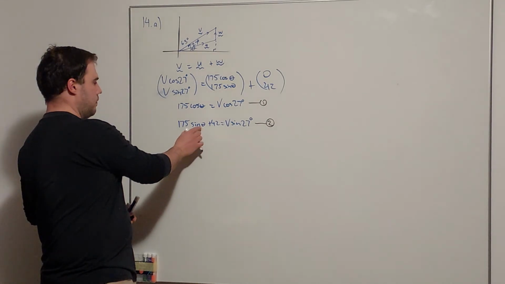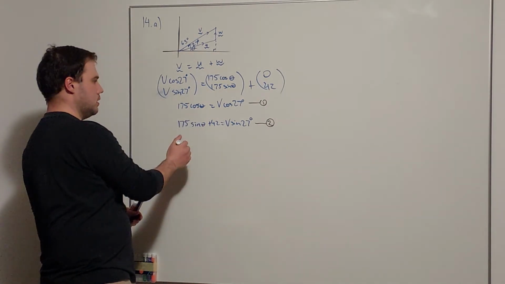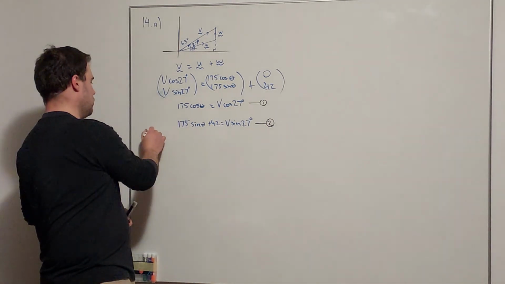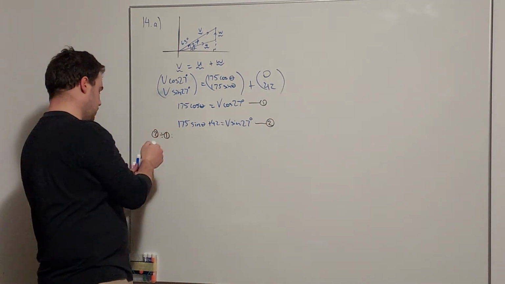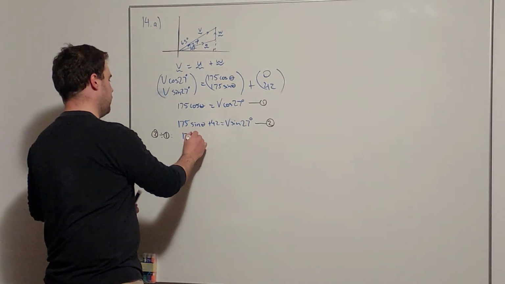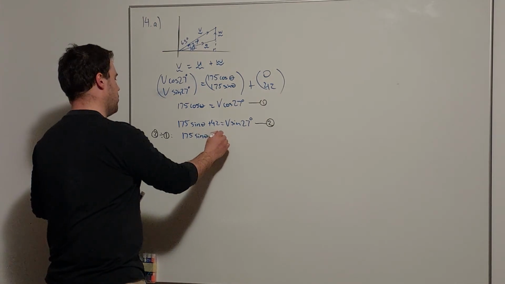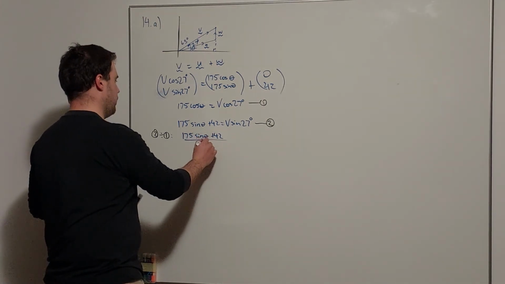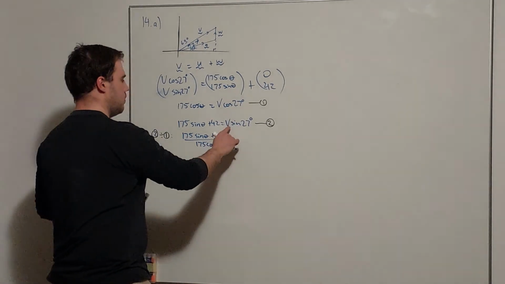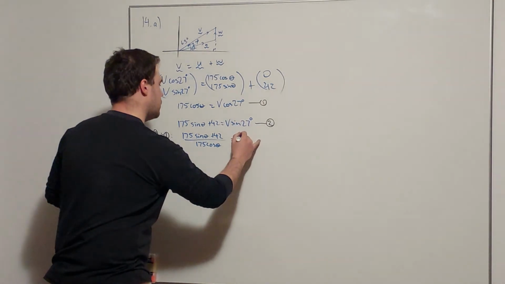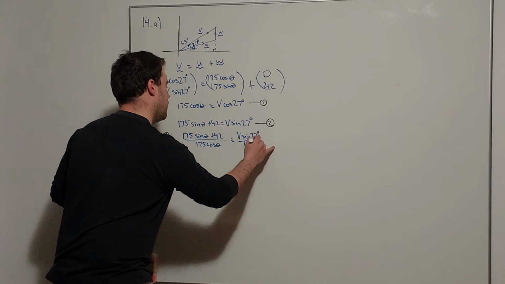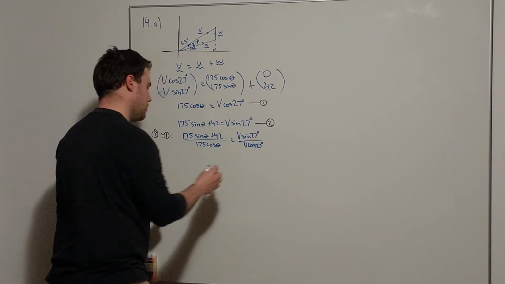And also this plus this over this will be easy to treat as well, the plus on the numerator rather than the denominator, so if we do 2 divided by 1, we get 175 sine theta plus 42 on 175 cos theta equals V on V, which cancel. I may as well write V sine 27 degrees on V cos 27 degrees.